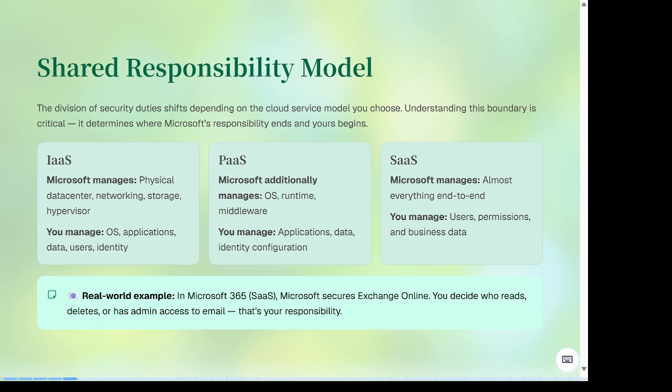But everything inside your virtual machine is your responsibility. That includes the operating system, installing security patches, configuring applications, protecting your data, managing user accounts, and securing identities.